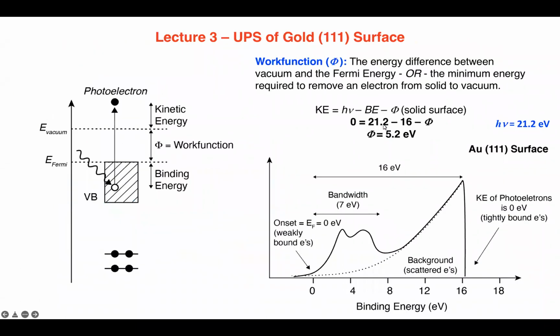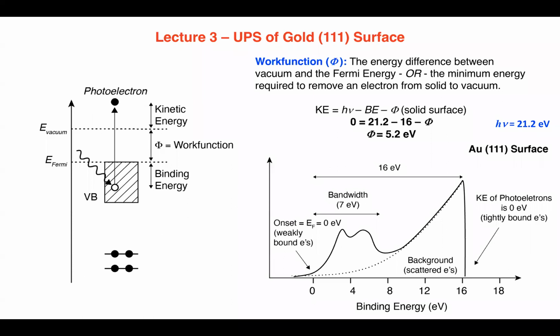We also talked about how you analyze the ultraviolet photoelectron spectrum to measure things like bandwidth, for example, and then a property called the work function. When you generate a photoelectron, it goes from within the material in the valence band to the vacuum level, as long as the photon has enough energy to promote that electron above the vacuum level.